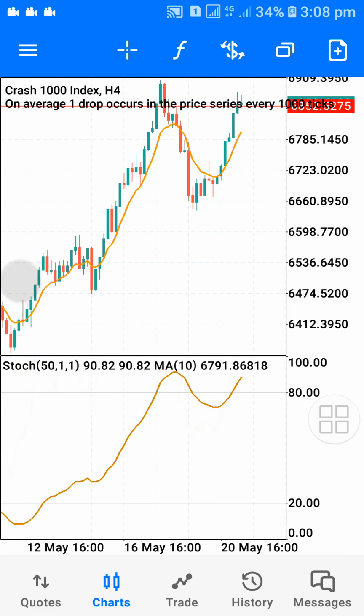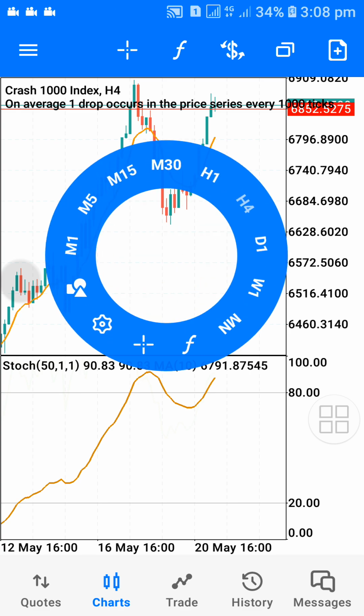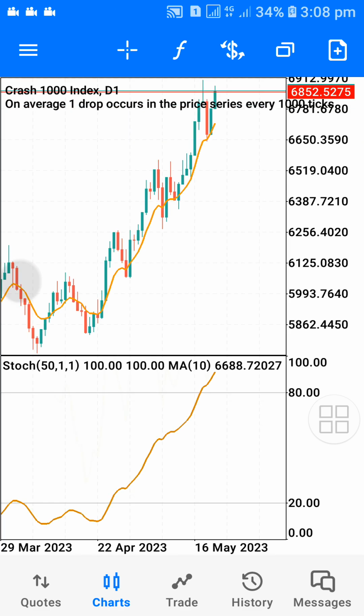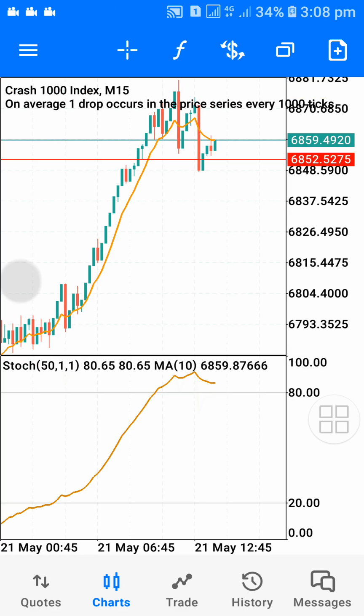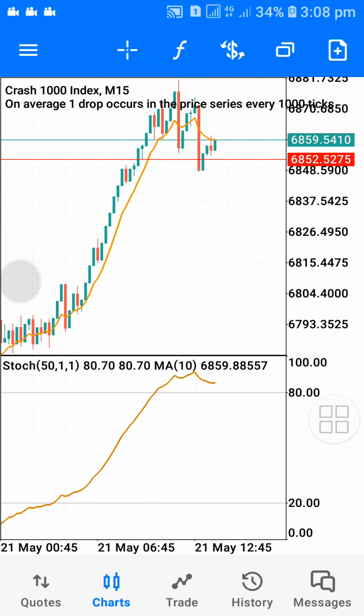You can see this is an uptrend market, and that's why you see it struggling. Ordinarily, you would have a spike within here, but because it's an uptrend market, that's why you see all of this happening.